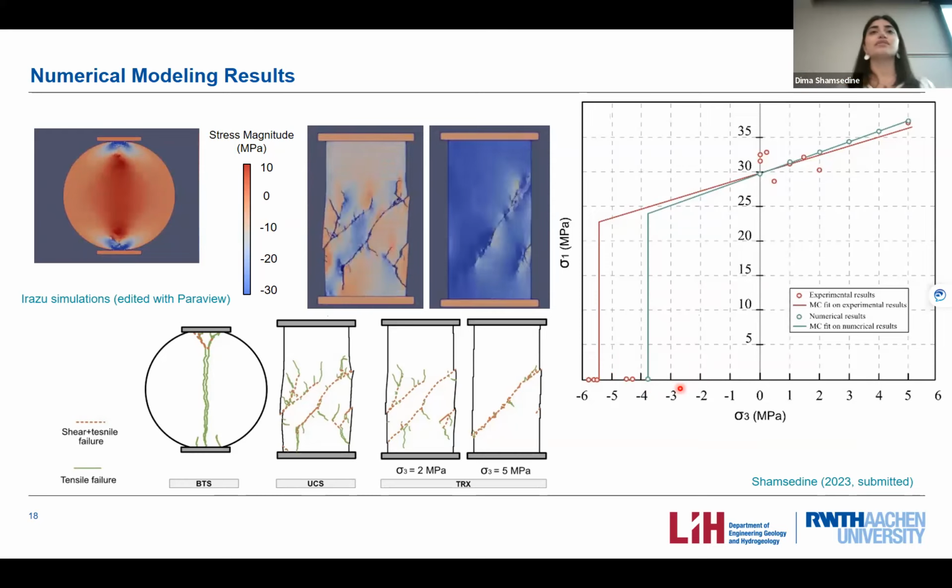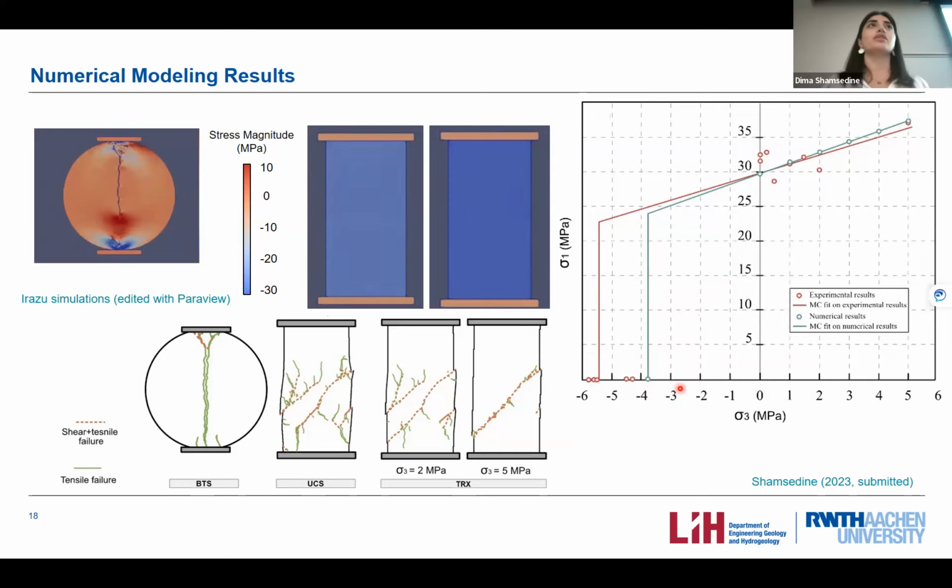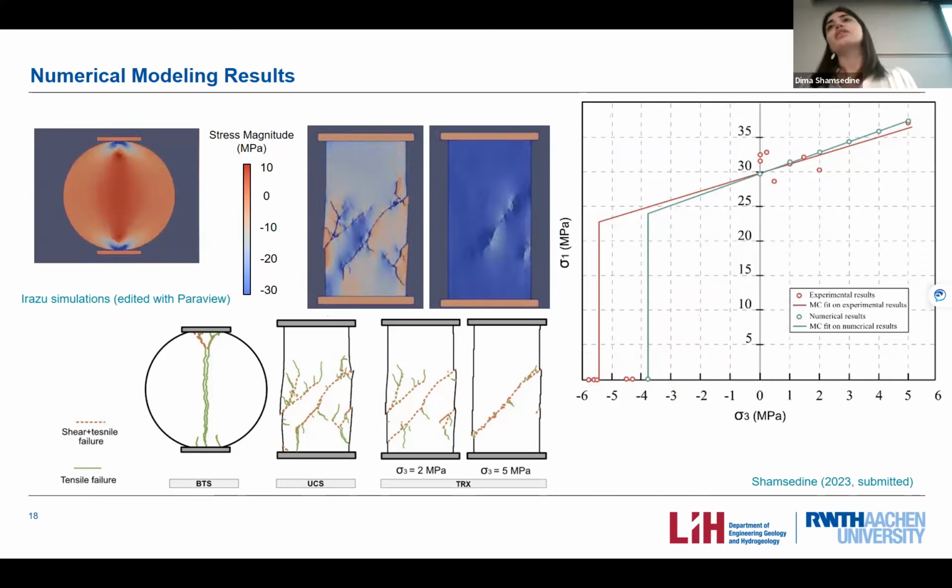And this might need further calibration. We know why this is happening. On the compression side of the curve, the positive confinement, we can see a good coherence between the experimental results and numerical results. We have a good coherence of the friction angle and the cohesion as well.